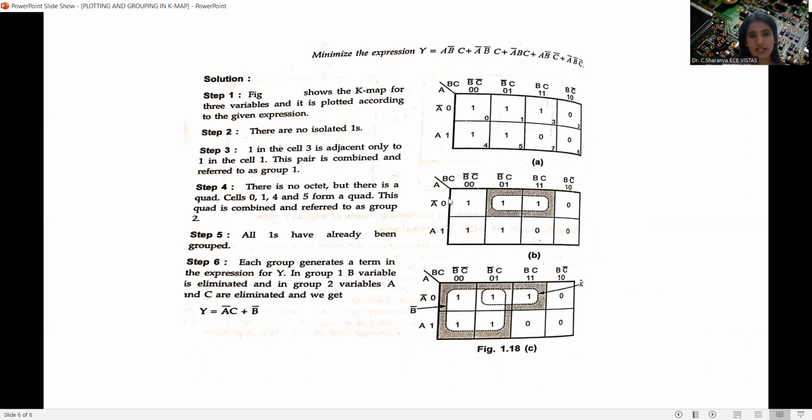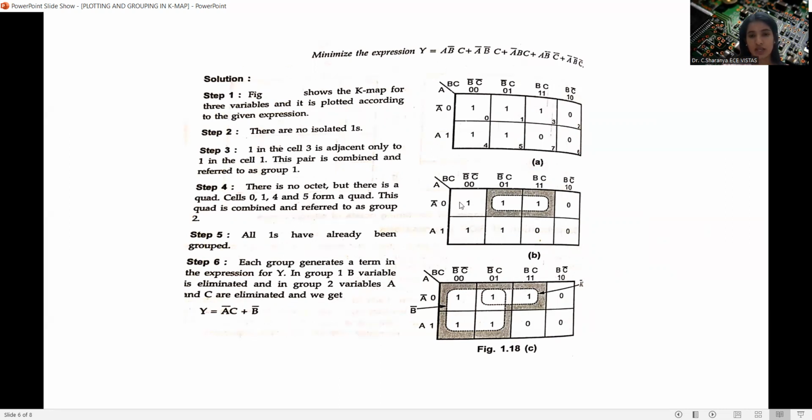AB'C is a 1, A'B'C is a 1, A'BC is another, AB'C' is a 1 here, and the last term A'B'C' is this one here. So we have 5 product terms.